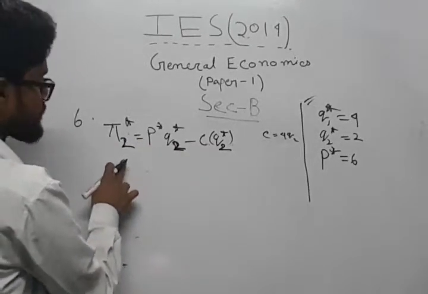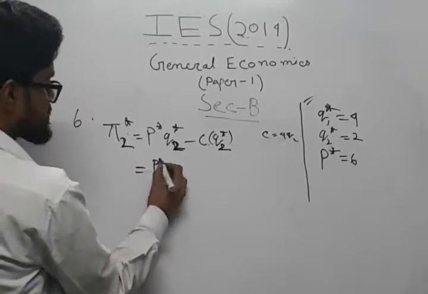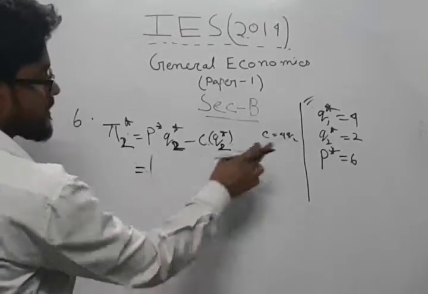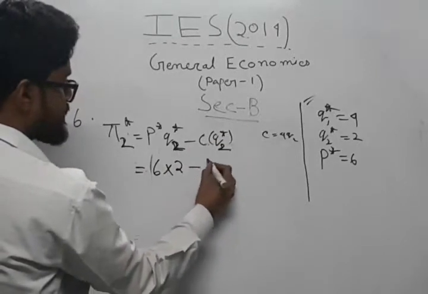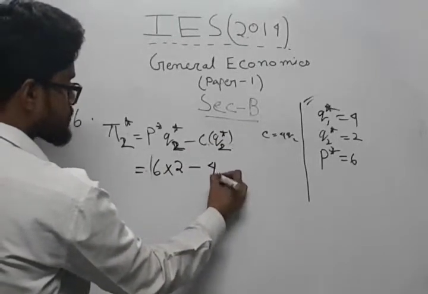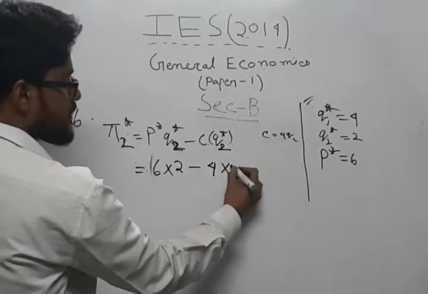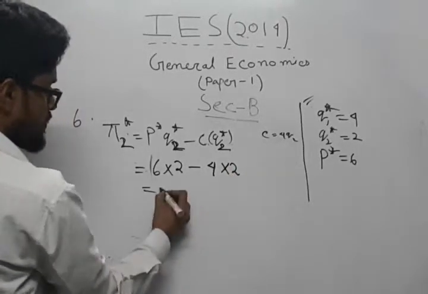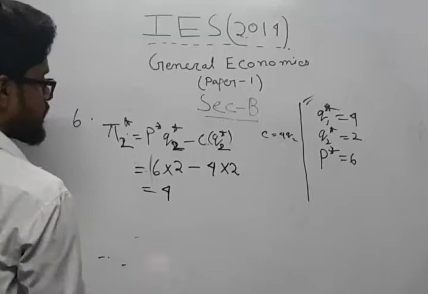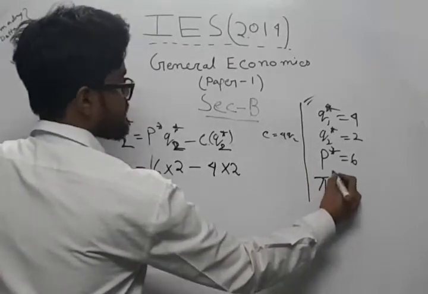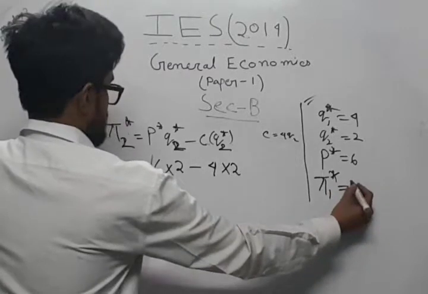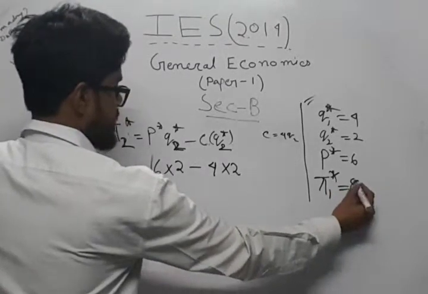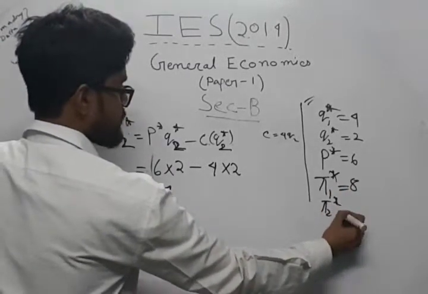Profit function for firm 2 will be P star, which we found to be 6, into Q2 star, 2, minus cost, which is 4 into 2. So I found it to be 4. So our final findings go like this: 8 and 4.